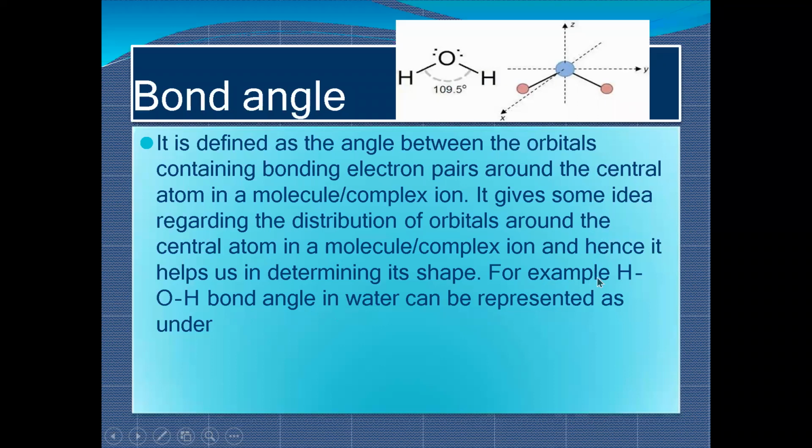Generally, if you just write the skeleton of the water molecule, we will write H bond O bond H. So this is the normal representation. But when we talk about the shape, angle, and structure, at that point of time, you have to draw this diagram. So this is the shape of a water molecule.